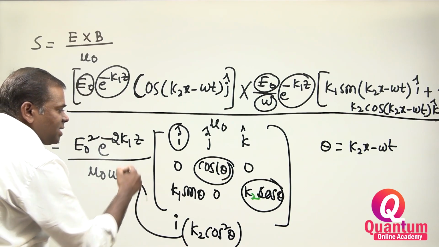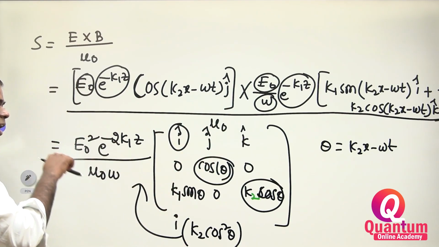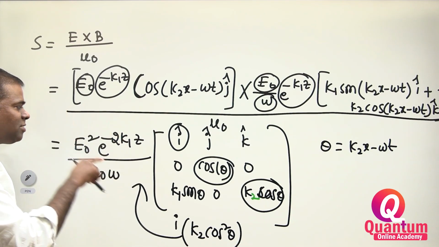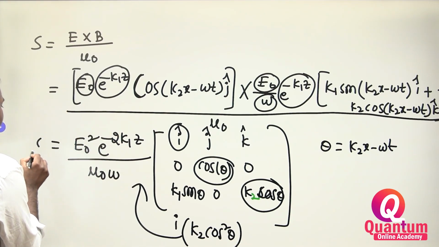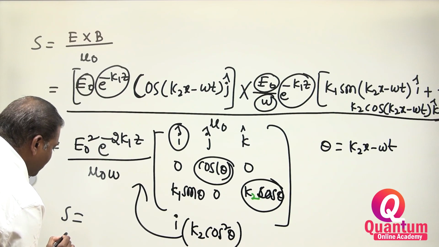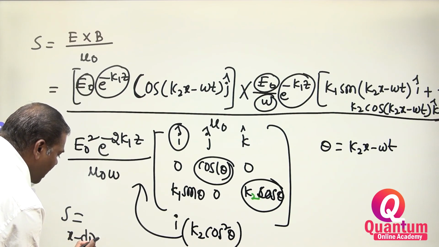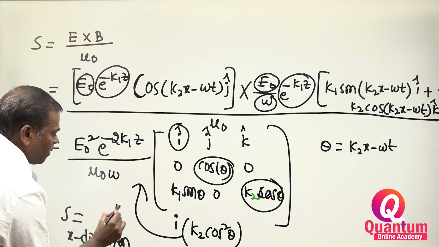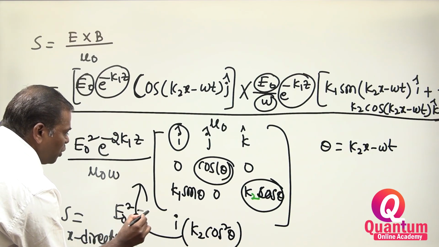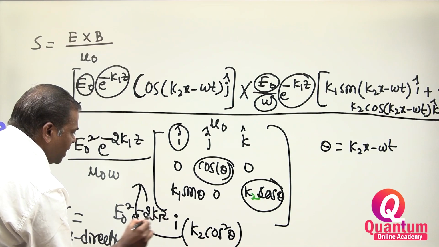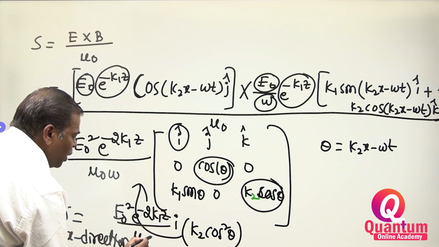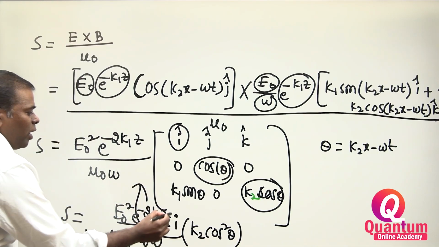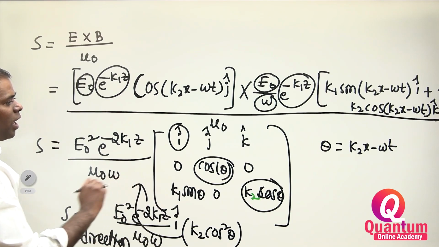The rest of the part we need not take. Therefore, S along the x direction is equal to E naught square e to the power of minus 2k1z divided by mu naught omega into i cap k2 cos square theta.